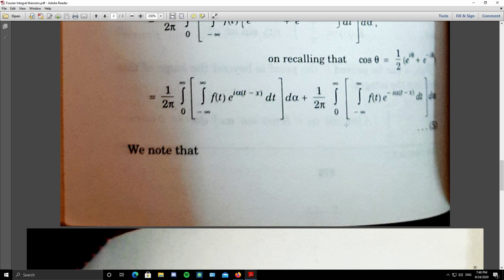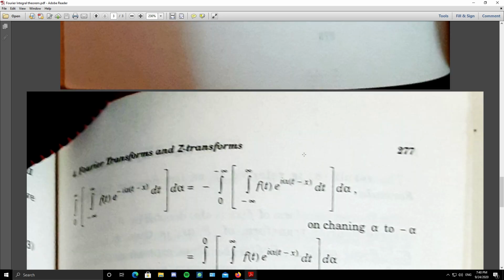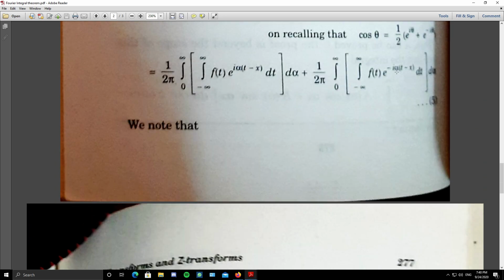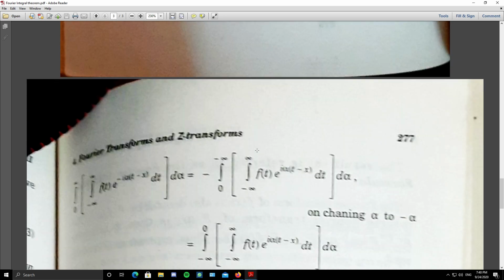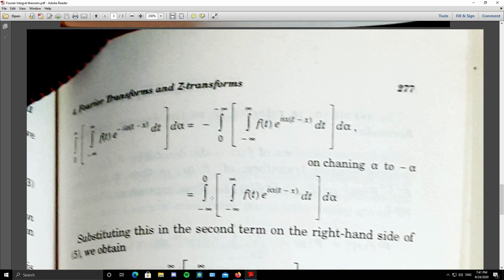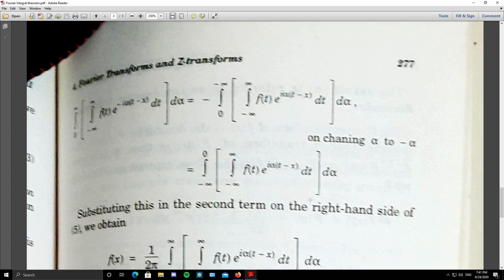So the limits will change: when you replace alpha by minus alpha, 0 to infinity becomes minus infinity to 0. That's what is written here: minus infinity to 0, integral minus infinity to infinity, f of t e power i alpha t minus x dt d alpha.